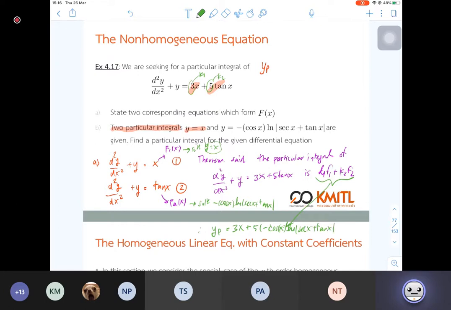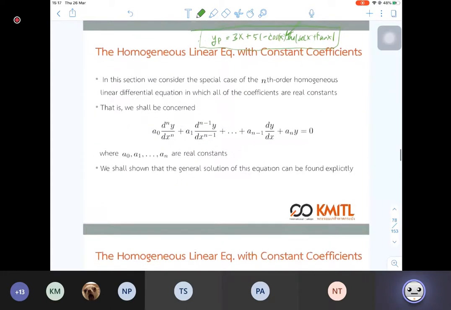So this would be the particular solution. We haven't done anything special. We just said that if the right-hand side is the combination of two functions, f1 of x and f2 of x, then the solution would be the combination of the solutions from each equation with the same coefficients.